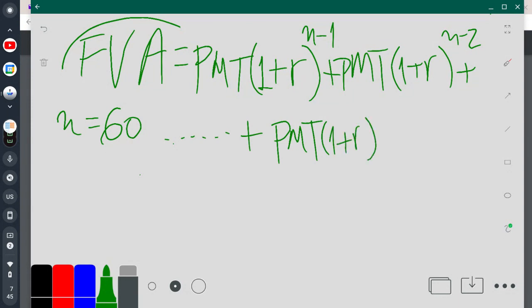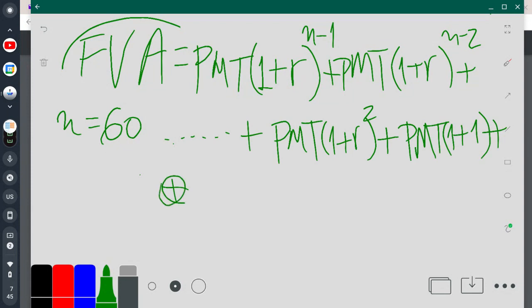Isn't that right? And the 59th deposit will earn interest just once. And finally, the last deposit, the 60th deposit, earns nothing, right?